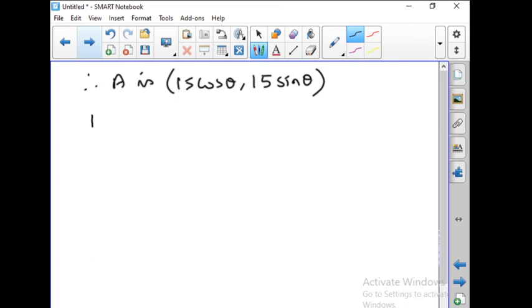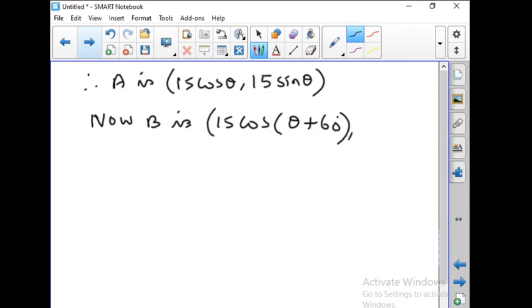Rotates about the origin O in a plane through 60 degrees. So, we will take the new position as B. So, now B is given as 15 cos (theta plus 60 degrees) because it is rotated 60 degrees in the anti-clockwise direction, and 15 sin (theta plus 60). Okay, this is the point B.